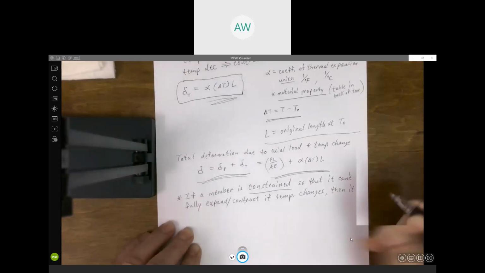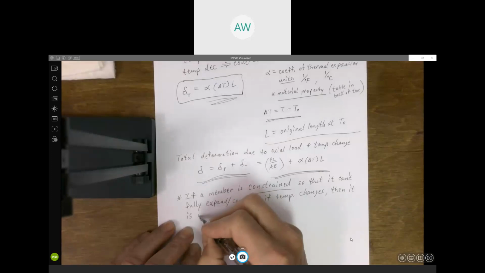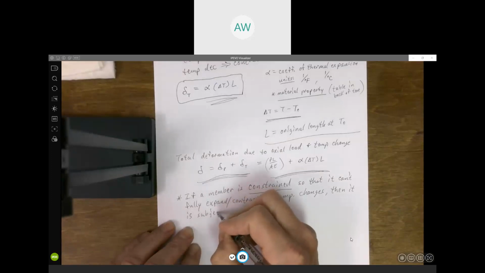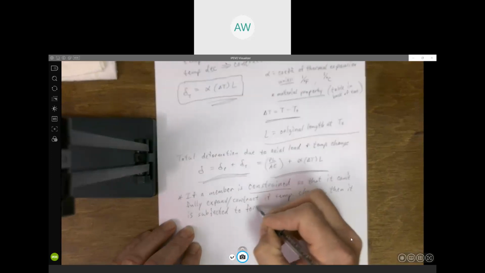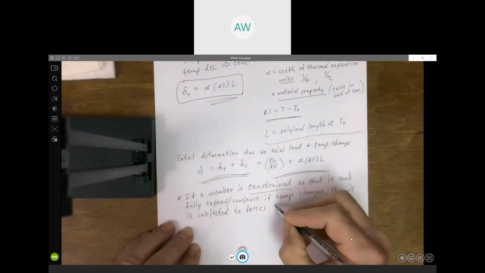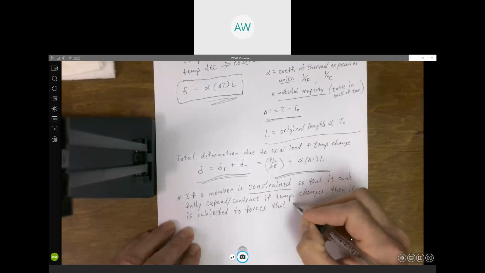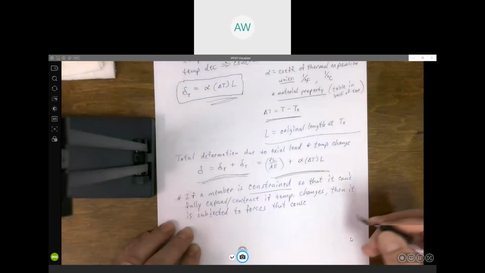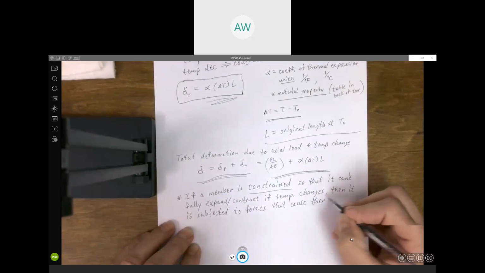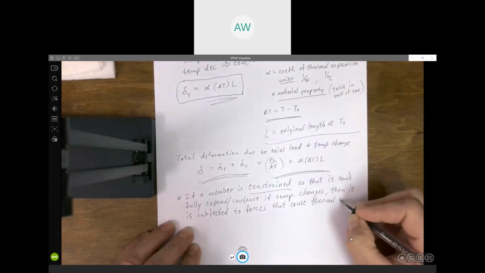Then it is subjected to forces that cause, go back to the name of this section, thermal stress.